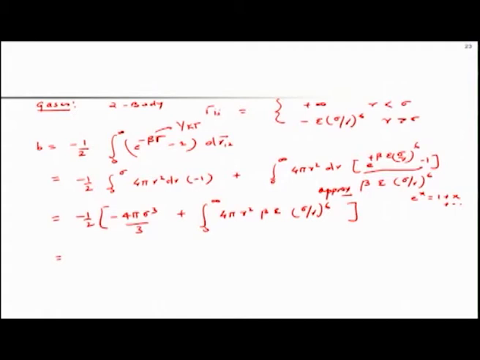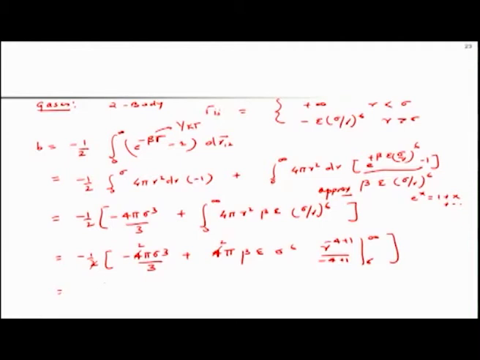Now, I can further simplify this: sigma to the 6, r to the minus 4 plus 1, evaluated from sigma to infinity, and I can divide by 2 to get 2 here, 2 here.